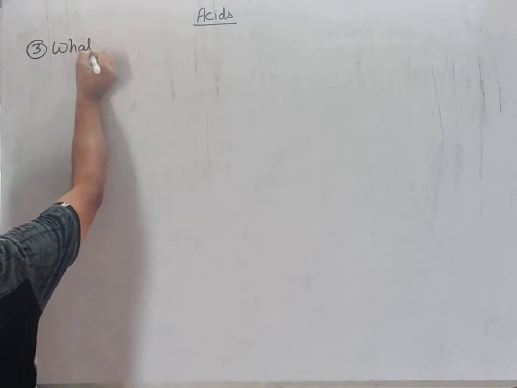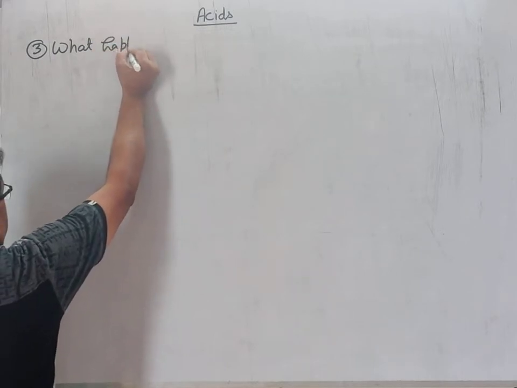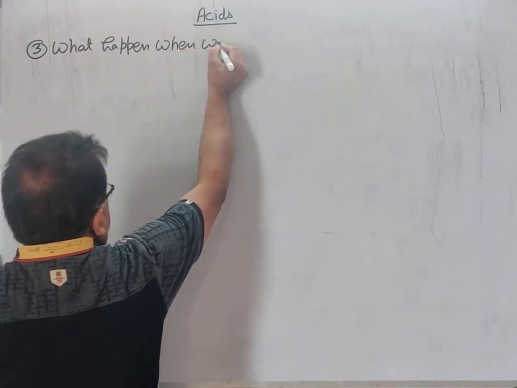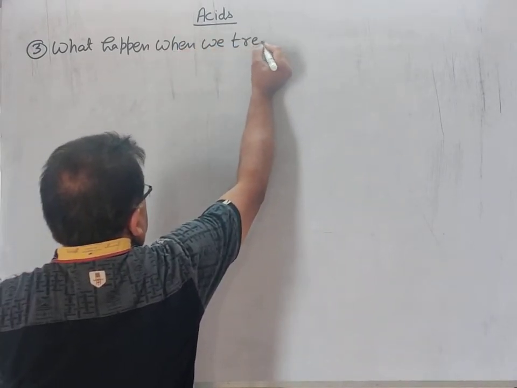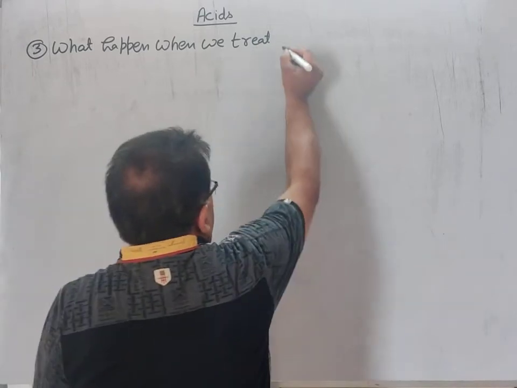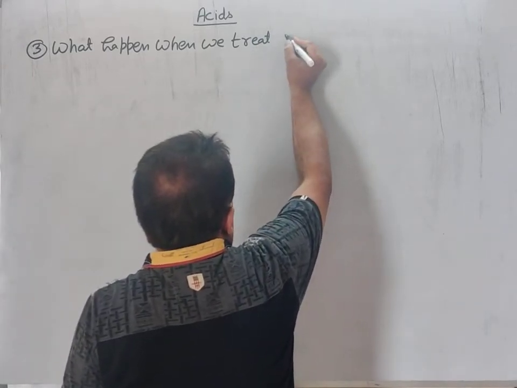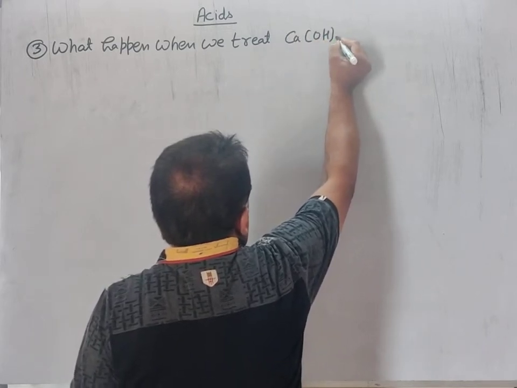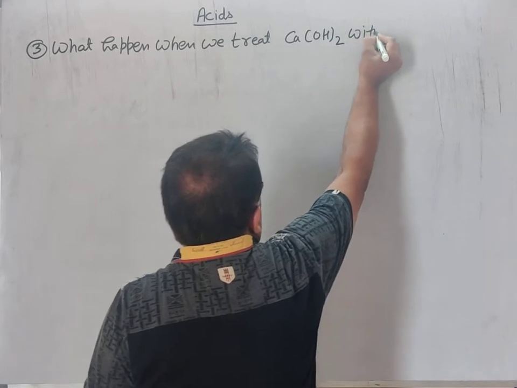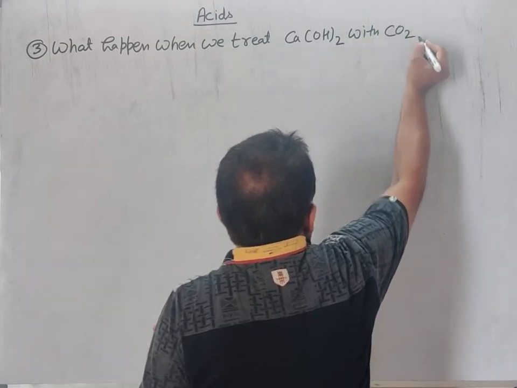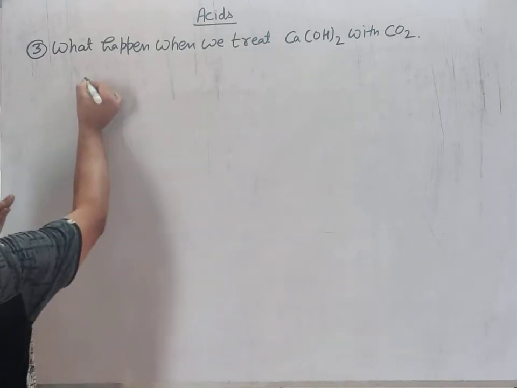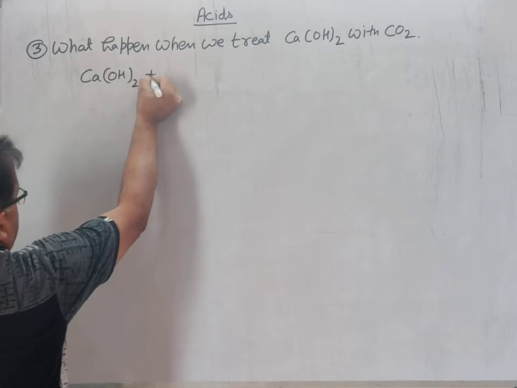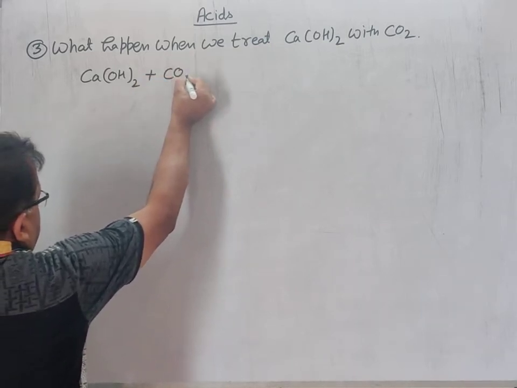What happens when we treat lime water, or calcium hydroxide, with carbon dioxide? So we know Ca(OH)2 when treated with carbon dioxide.